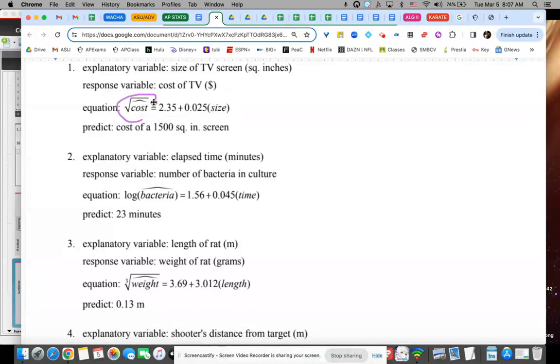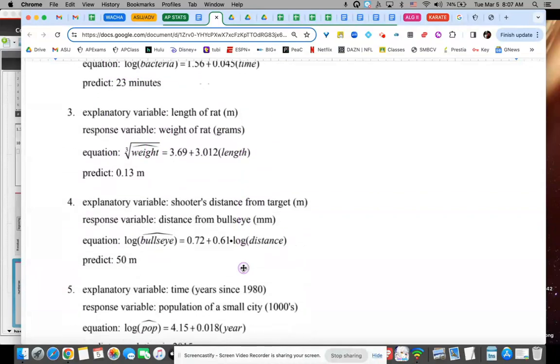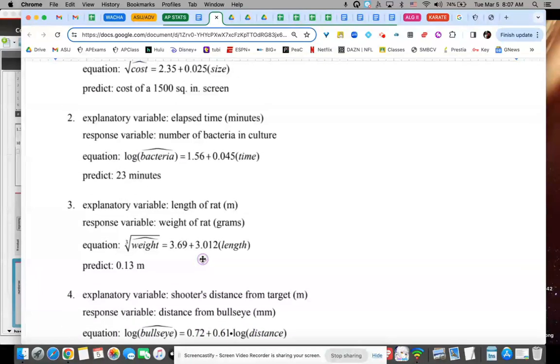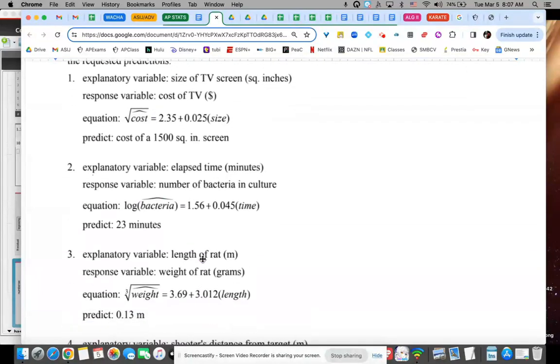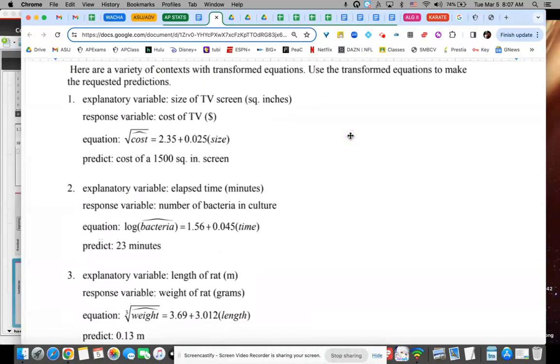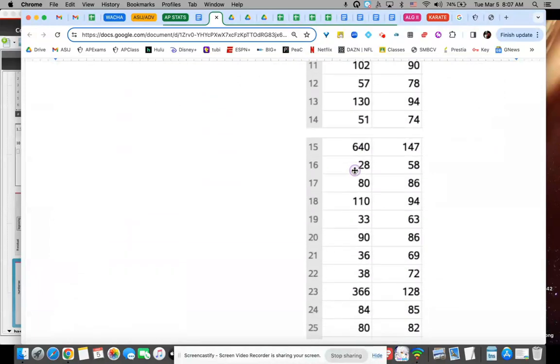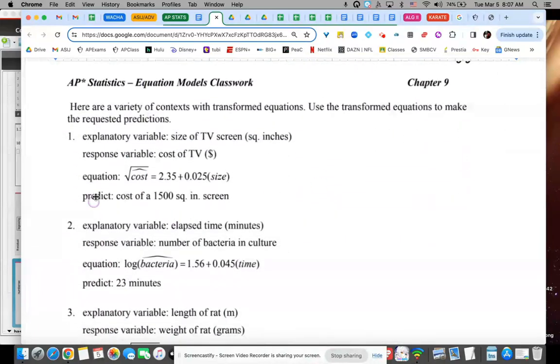You see how this is square root, this is logarithm, this is the cube root, right? This has the log on both sides like we just finished doing. You need to be able to solve those and make predictions. Little algebra 2 practice. So don't just stop the video right now and be like, oh, I've got it all, right? I am going to do one more data set with the alligator weights, and then I'm going to do a couple of these problems and run through them.